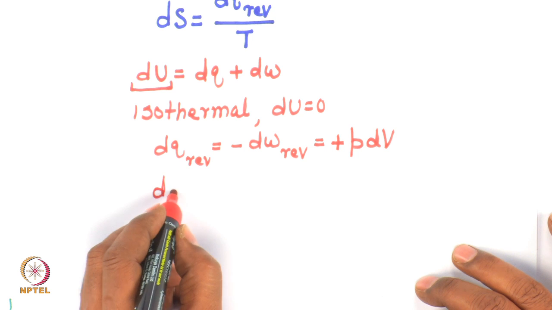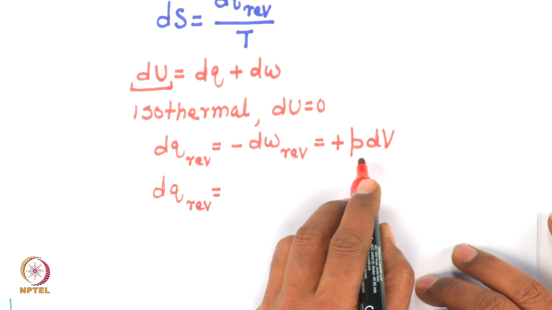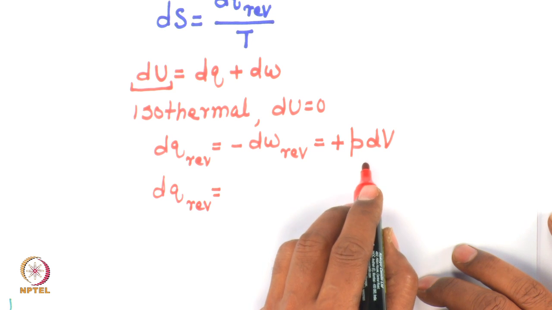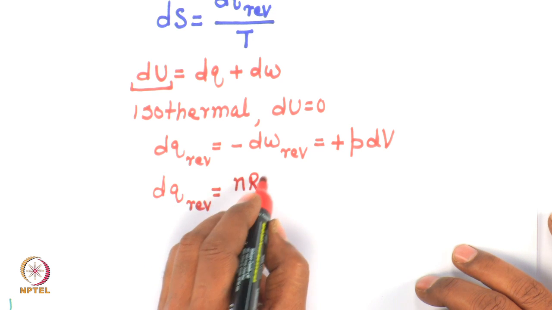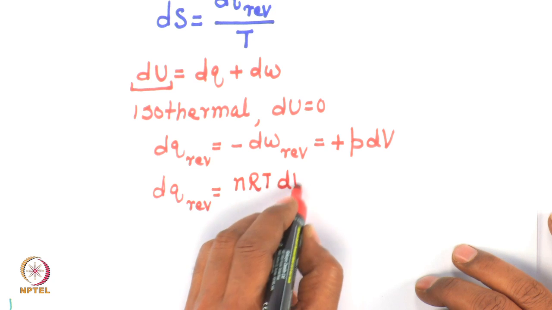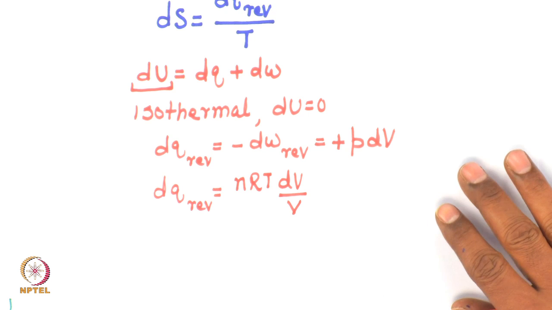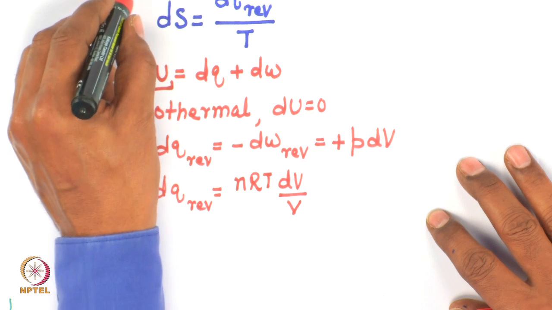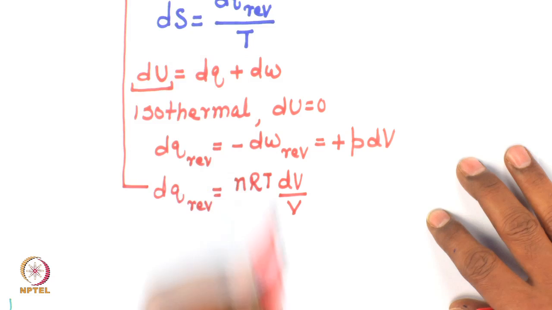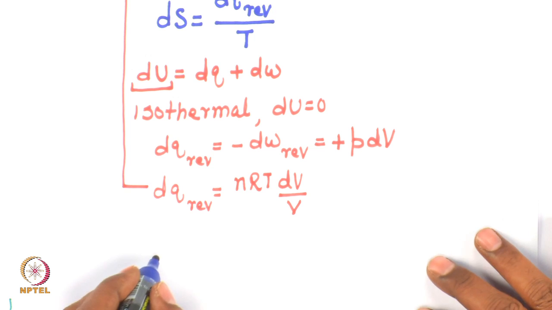In other words, dq reversible is equal to, using the ideal gas equation PV is equal to nRT, so P is equal to nRT by V, nRT dV by V. This is what we get, and I will now substitute this over here, and let us see what we get.